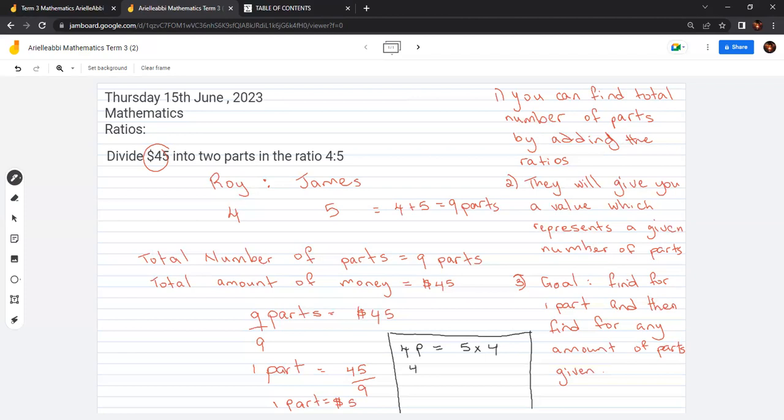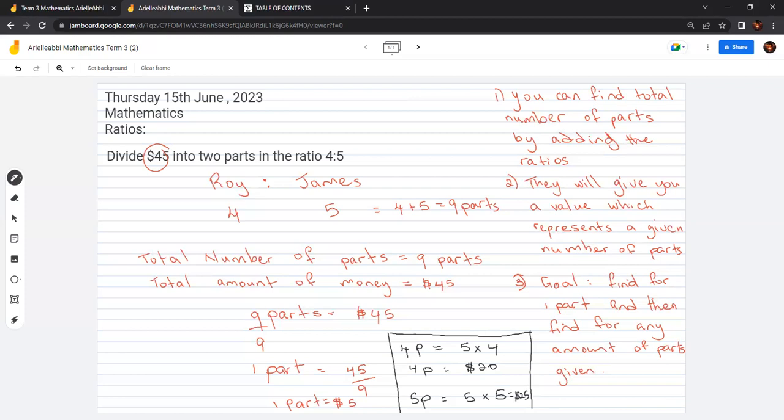So 4 parts will be equal to 5 fours, which are 20. And then to find for the 5 parts, same thing. Remember, 1 part is $5. So we'll say $5 times the 5 parts. So that's 5 fives, which are $25.